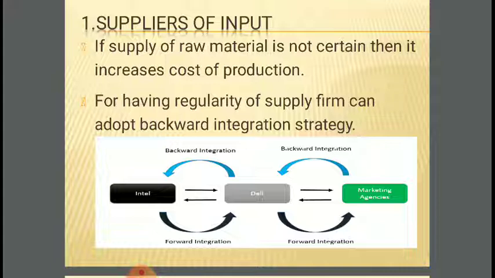But if any organization is not getting a continuous supply of raw material, then what can it do? It has to purchase raw material in big bulk. And if they are purchasing in bulk, then their capital will be blocked in the raw material, so their capital cost will increase. Not only this, but after purchasing in bulk, they need to store it for a longer period of time.